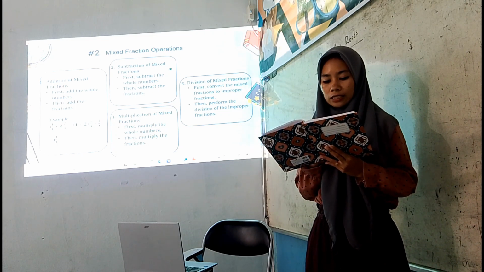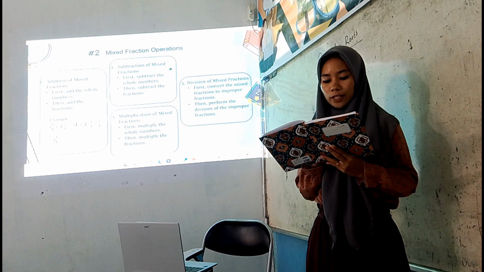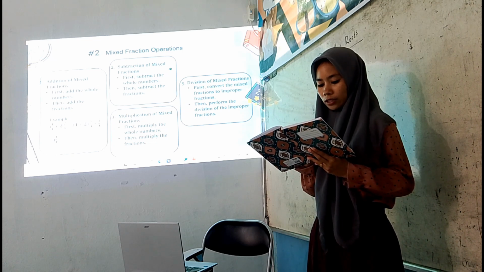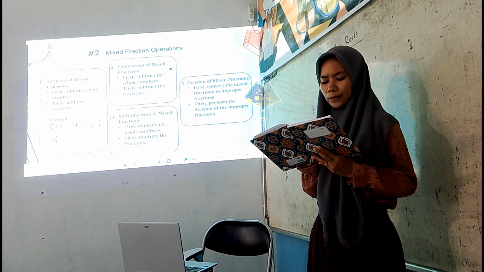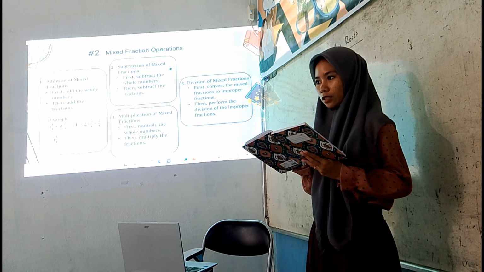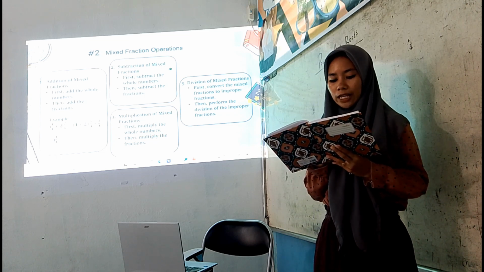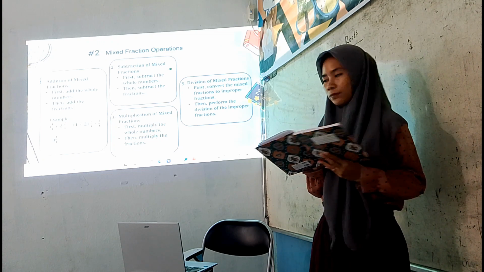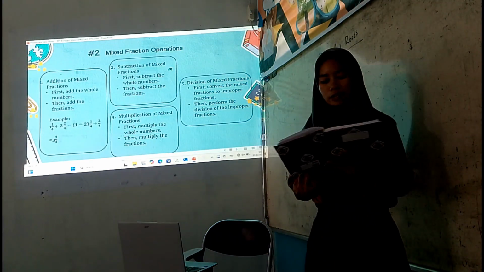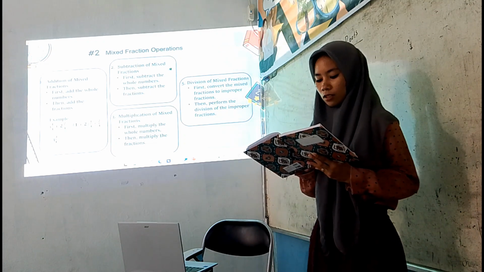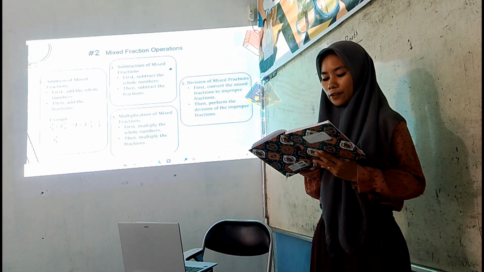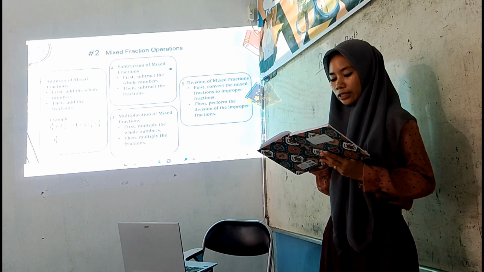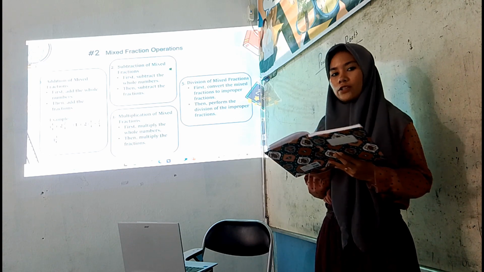First, subtract the whole numbers, then subtract the fractions. Multiplication of mixed fraction. First, multiply the whole numbers, then multiply the fractions. Next, division of mixed fraction. First, convert the mixed fraction to an improper fraction, then perform the division of the improper fractions.